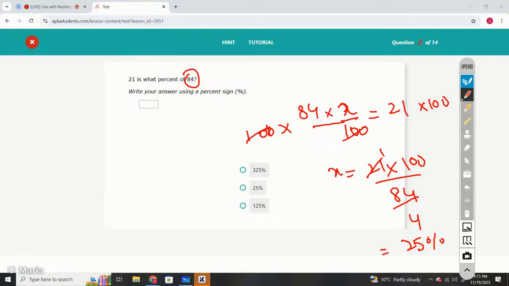That means 21 is 25% of 84. Okay, the correct option is 25.